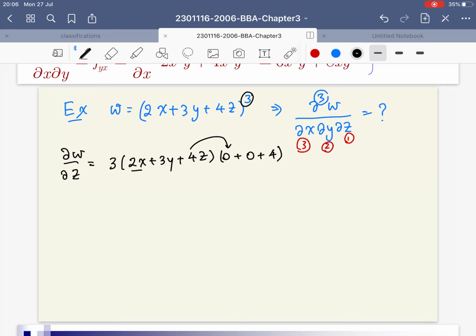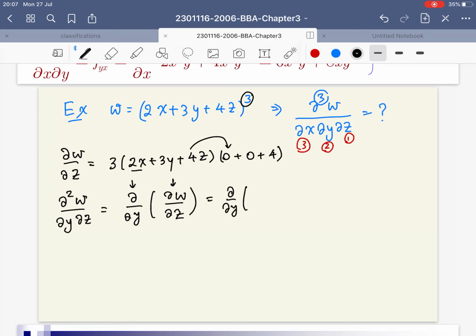Next, if you need to find the second derivative with respect to y and z, it means that you do this one first, followed by d by dy. So it is d by dy of, sorry, this one. With the chain rule, you still have a 2, so here's 12 of (2x + 3y + 4z) raised to power 2.